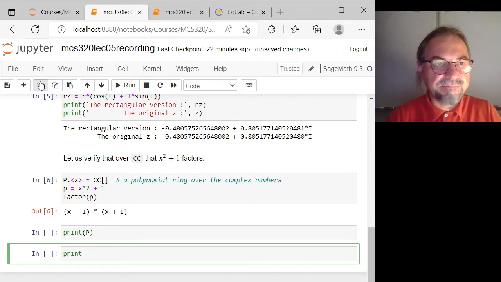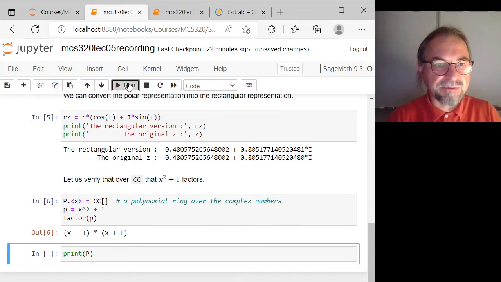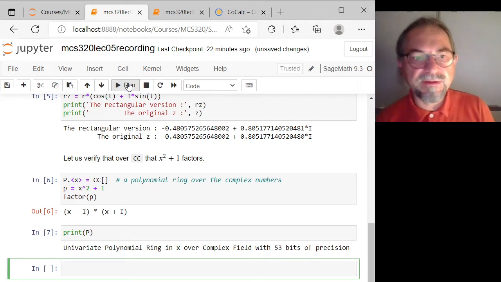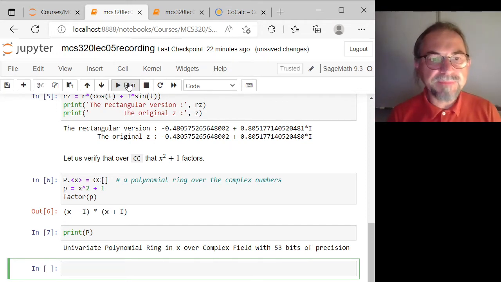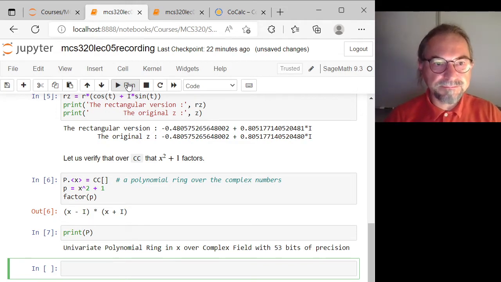So let me verify this. So just what I said, what is P? So here you see that I couldn't really say it much better. So we have a univariate polynomial ring in X, the symbol X, over the complex field with 53 bits of precision. So an x squared plus 1 indeed factors over this field.